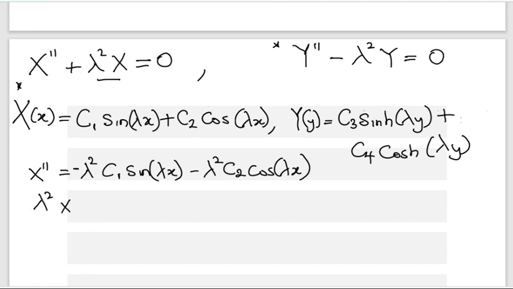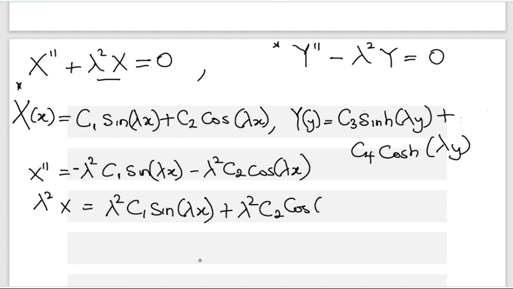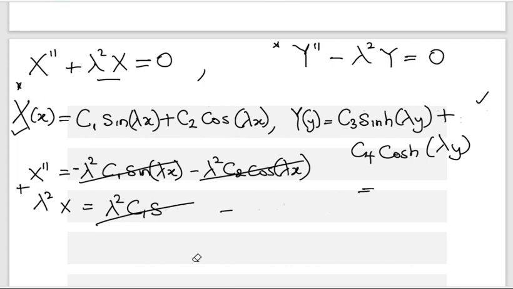This is simply going to be lambda squared c1 sine lambda x plus lambda squared c2 cosine lambda x. And when you combine these two, this will cancel this, and all we have left is 0. So this solution is actually correct, and you can take your time to verify this. You're going to get the same thing. Alright, so let me wipe this up and we'll get back to the problem.